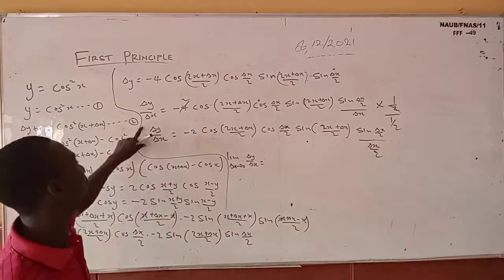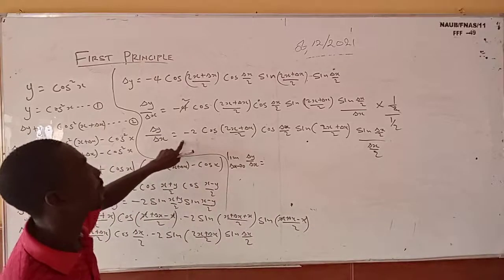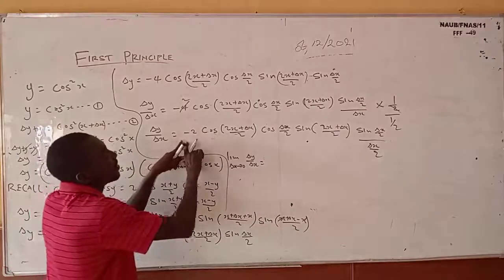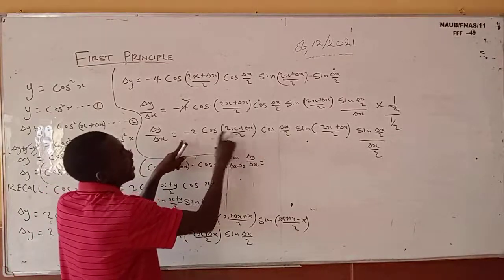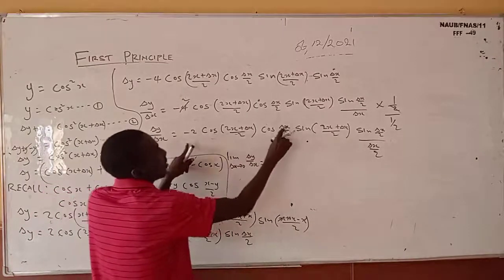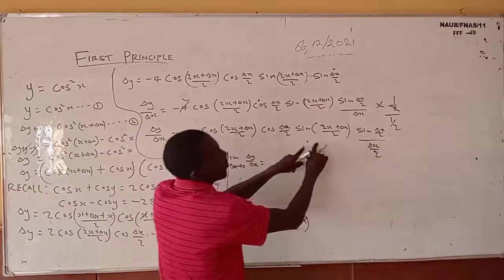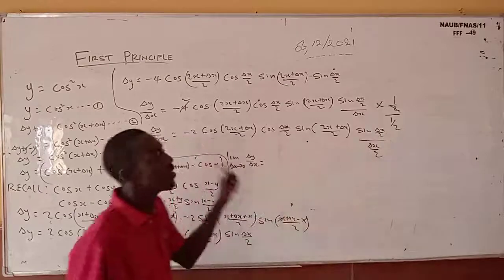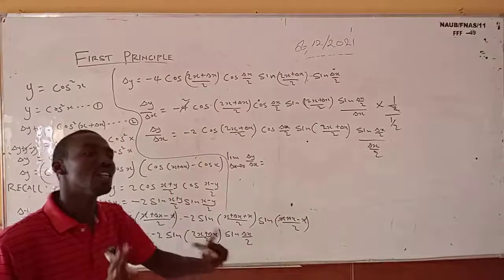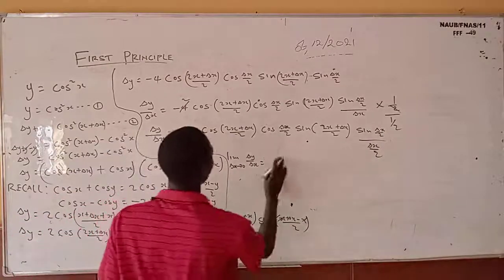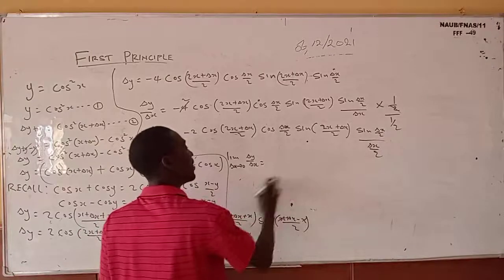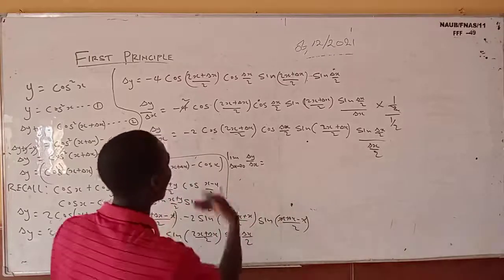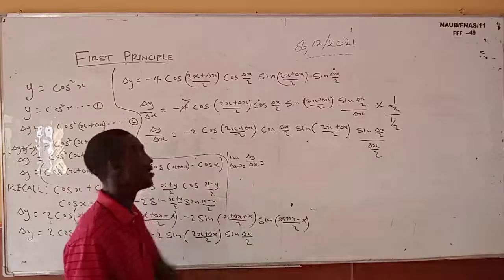You can just take the limit as change in s approaches 0, which means anywhere I see change in s, I'll put 0. But the reason why I take it individually is for us to see the clear picture. For the case of an exam, when there is no time, you can neglect that since you already understand it.